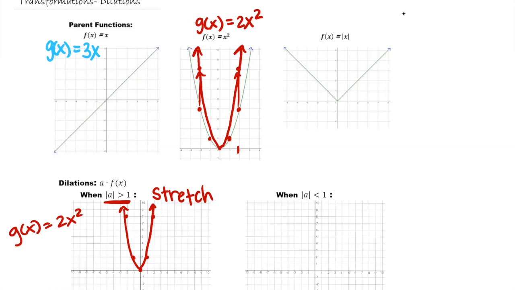Now let's look at what happens if the absolute value of a is less than 1. Something like a half or 0.75, something you can take the absolute value of and it is less than 1. So let's look at 0.5 times the absolute value of x, or 1/2 times the absolute value of x.